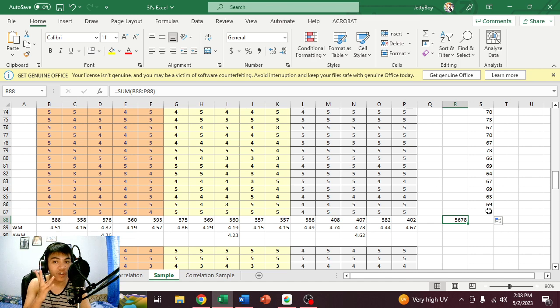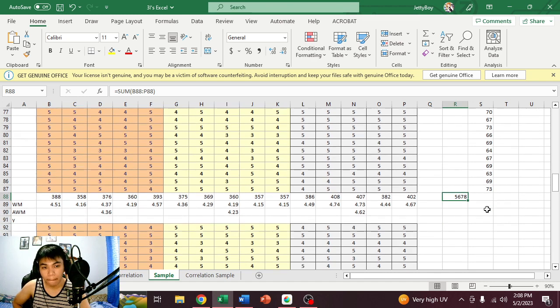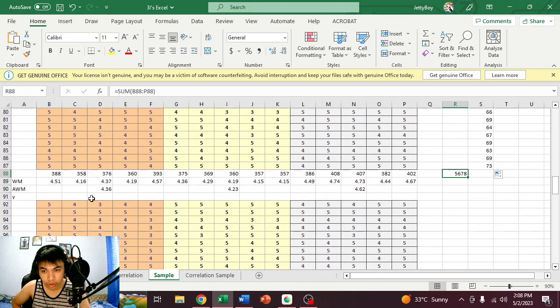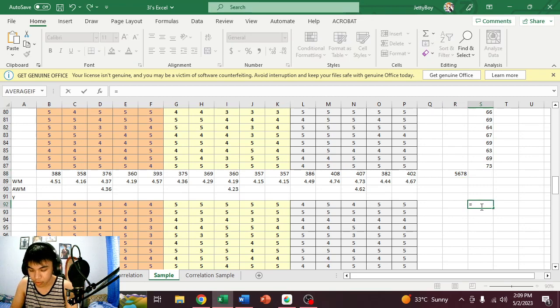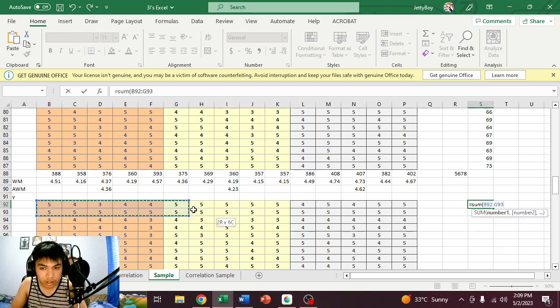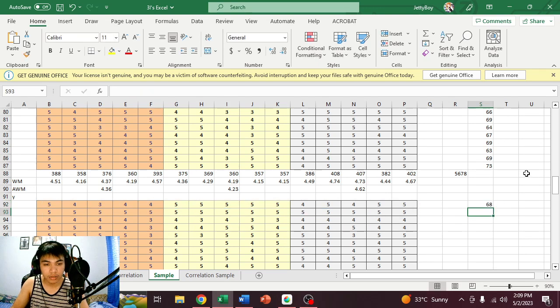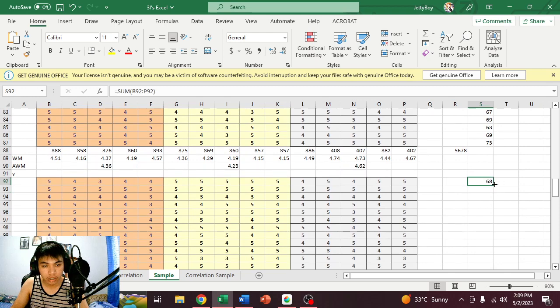What we want to find is the summation of x times y. And to do that, we would also need to compute for this. Okay? Sum parentheses equal sign sum parentheses this. Okay, and then we will drag that down again.